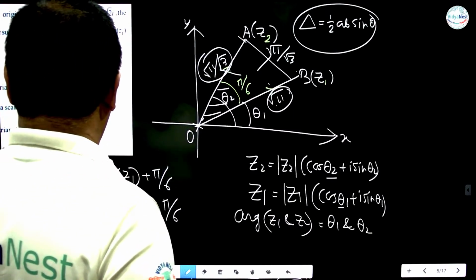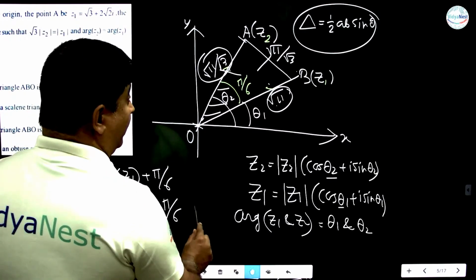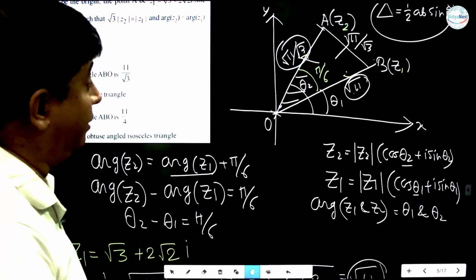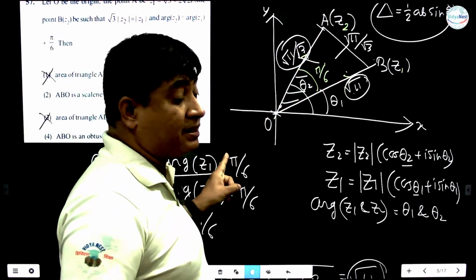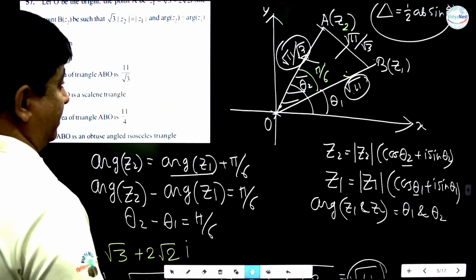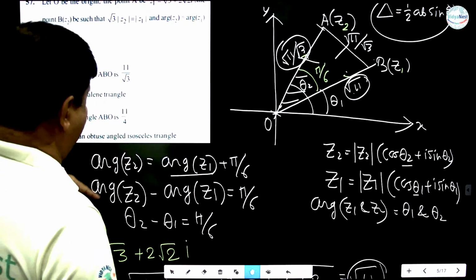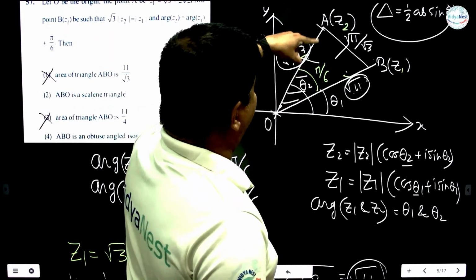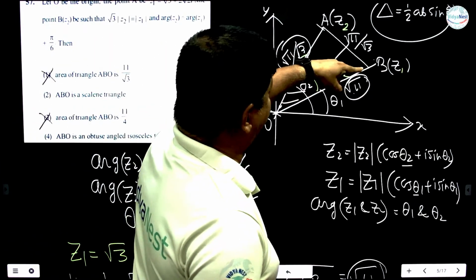So once you get equal, what kind of triangle is this, if two sides are equal? Isosceles triangle. What kind of isosceles triangle, acute? Because one angle is 30, then this will be also 30.